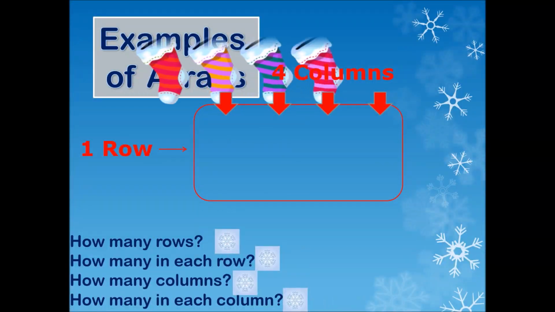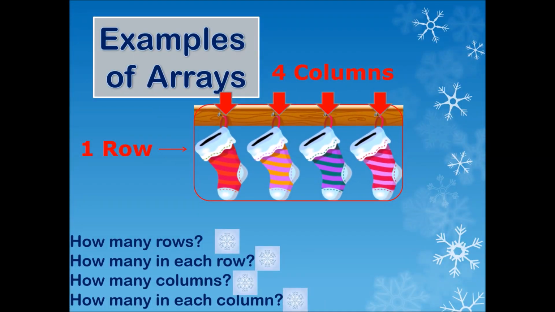More examples of arrays. Let's say you have all your stockings hung in a row around Christmas time. This is 1 row of stockings. I can count them. I have 4 columns. Even though there's only 1 in each column, I can still count in rows and columns. So how many rows are there? The answer is 1 row.